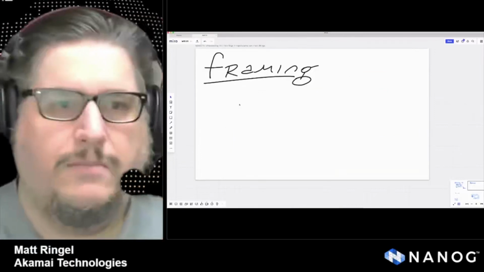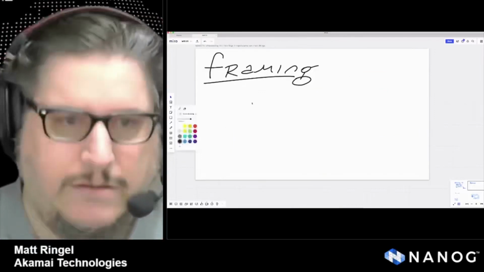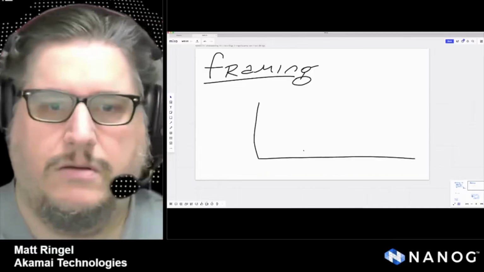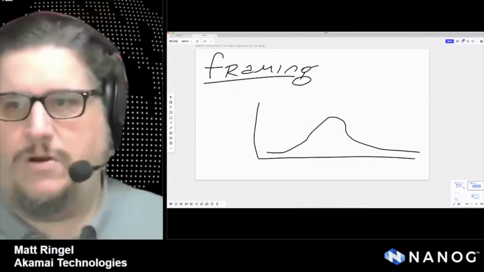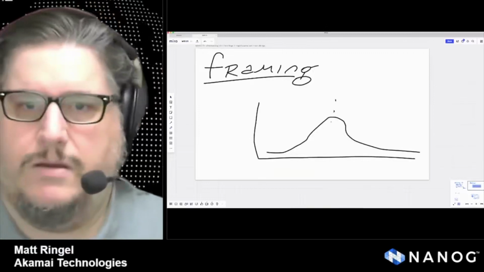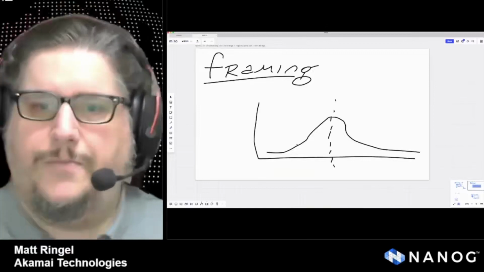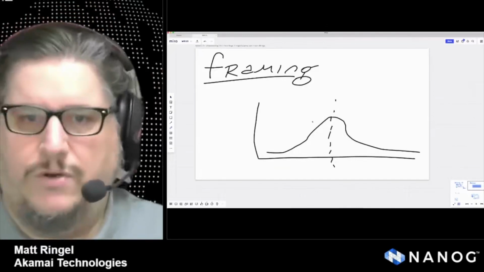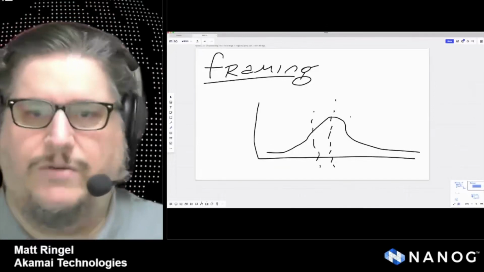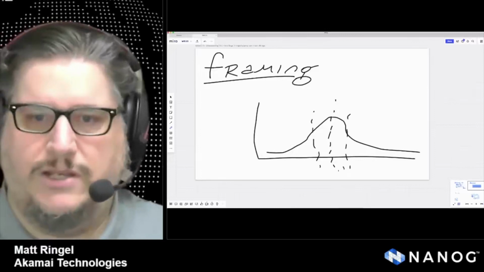So here's one everybody's seen. That's a bell curve. Just work with me here, right? So it's a bell curve, it's a normal distribution. What do we know about normal distributions? There are standard deviations.